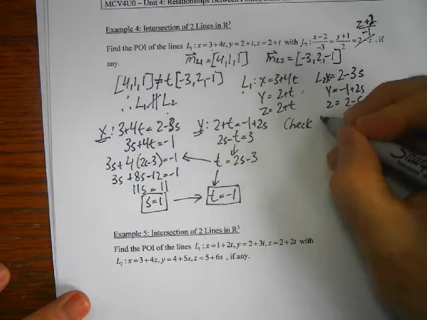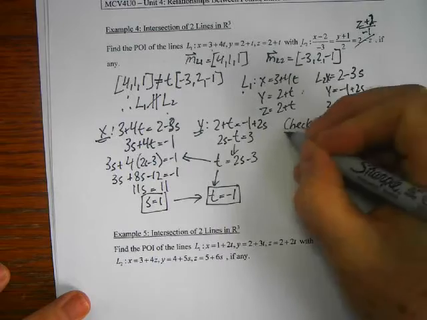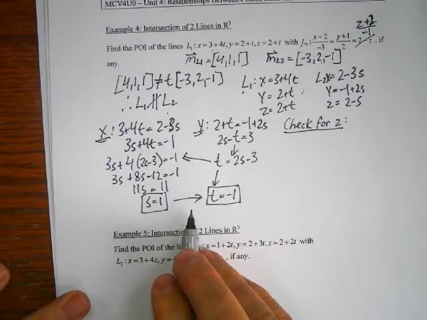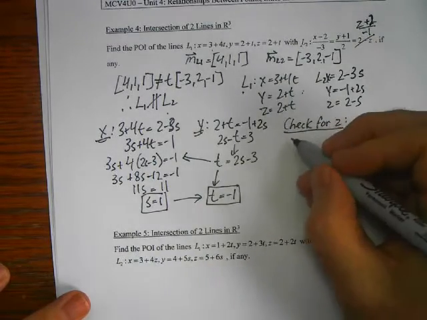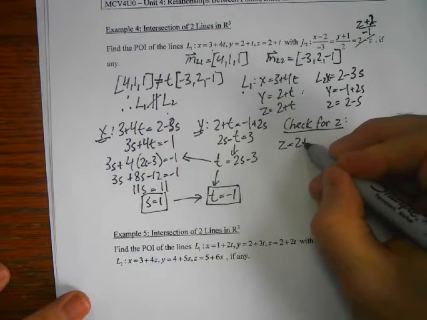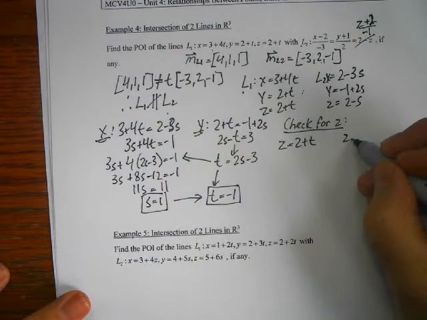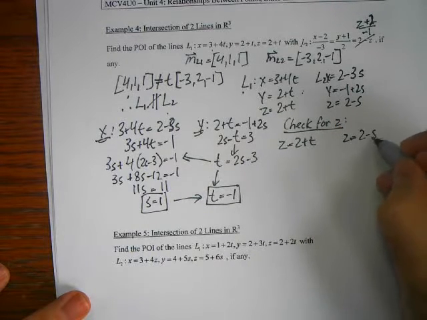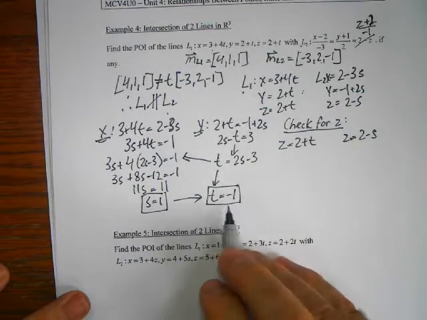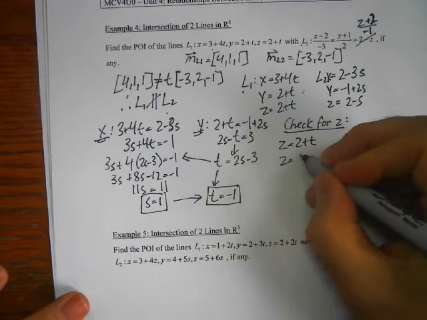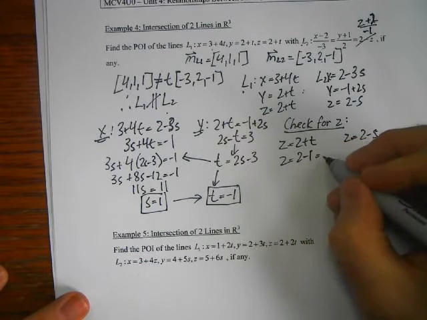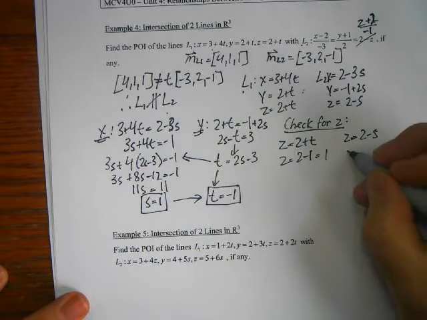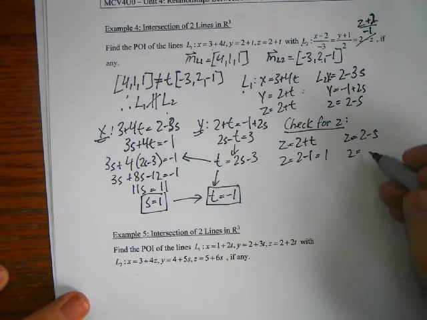So we're going to plug these back into these two equations. In the first equation, I got z equals 2 plus t, and in the second equation, z equals 2 minus s. When I plug my t value here, I get z equals 2 minus 1, which is equal to 1, and in the second equation, s is 1, so that's 2 minus 1 also, which is also 1.